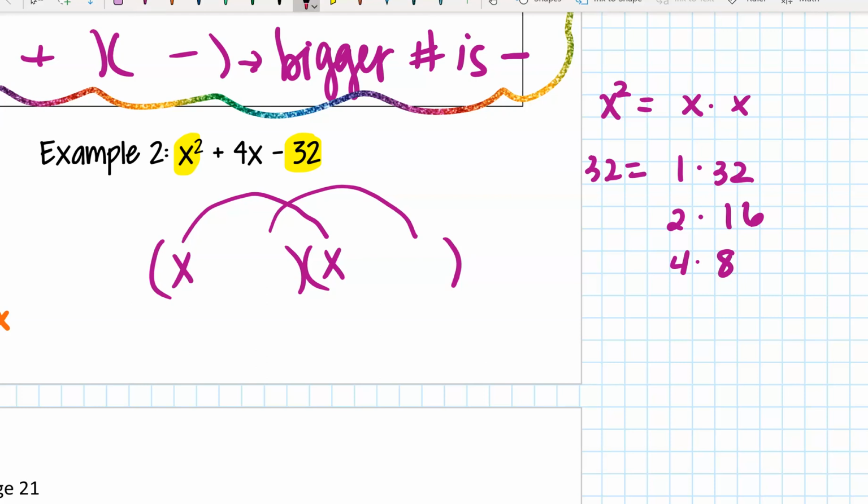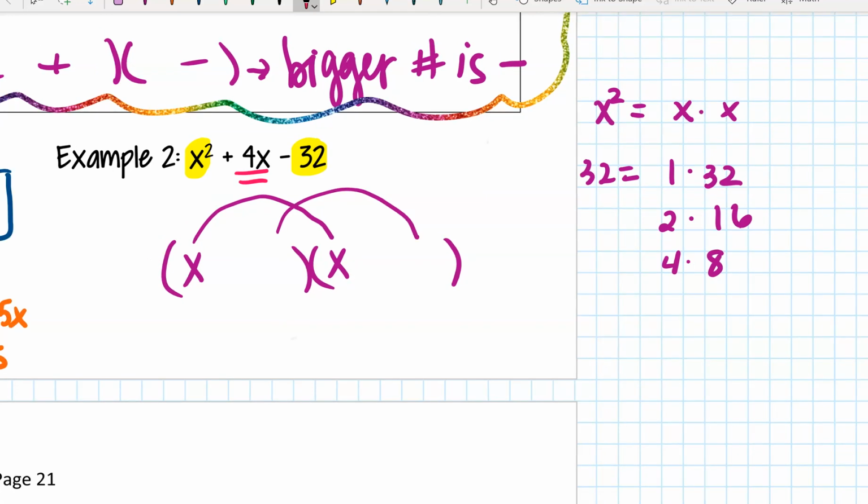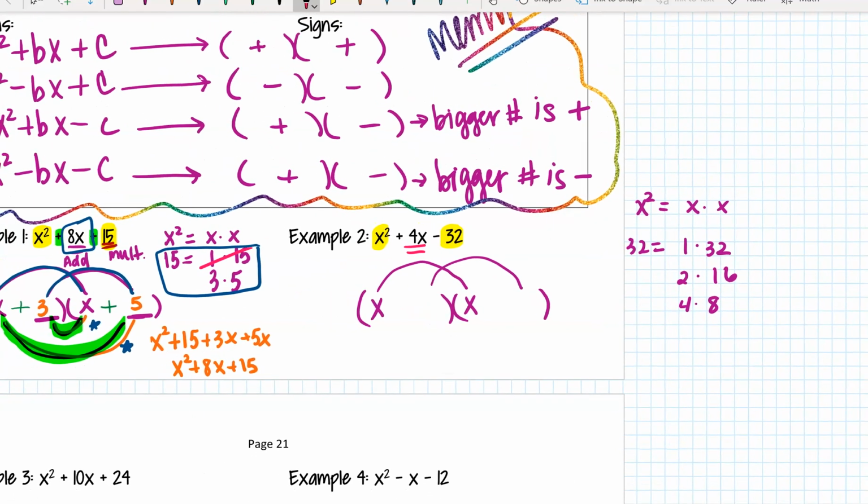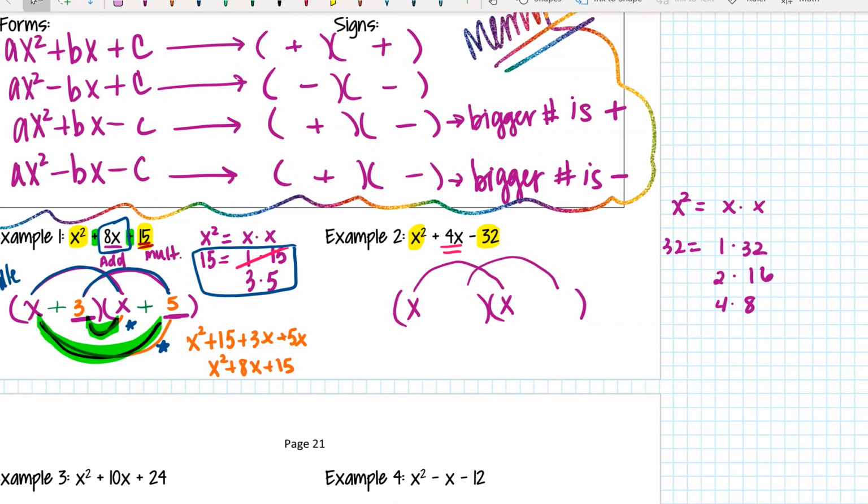Now, what we need to be concerned about is what will give us this 4x, okay? And that's where our signs come in. So if we look at our signs from our table, we have a trinomial that's a plus minus, which means I'm going to have a plus minus in my answer. And with that, I need to make sure my bigger number is positive.